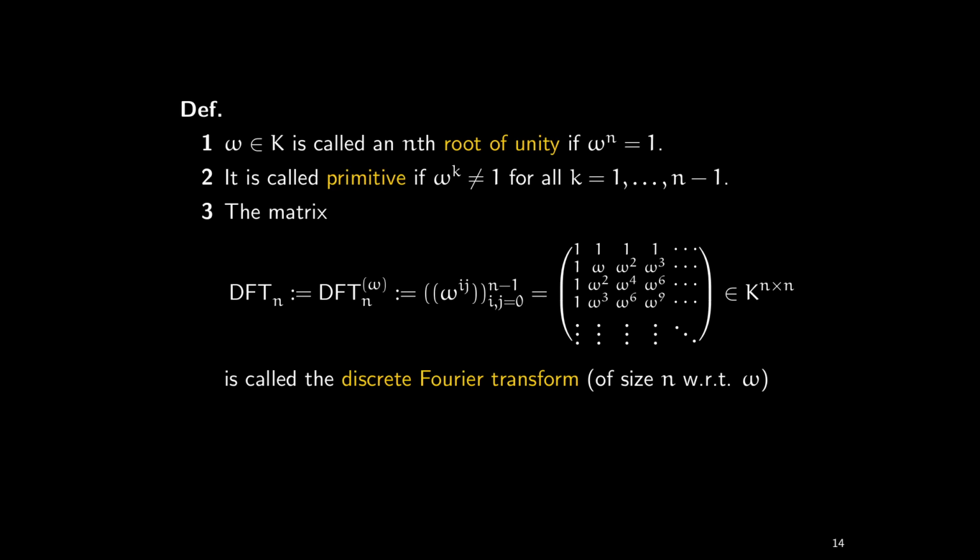So multiplying the matrix to the vector of coefficients gives the vector of values, and this is also what this matrix does. If you imagine multiplying this matrix to a coefficient vector of a certain polynomial, then what comes out is the value vector of this polynomial at the evaluation points 1, omega, omega squared, omega cubed, and so on. So this is what we will use.